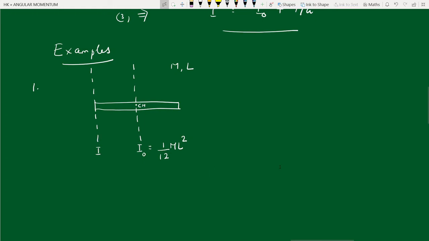How can we calculate that? What is the perpendicular distance between the two? Let us call it a, which is nothing but L by 2. So I is equal to I0 plus m a square, but this a is nothing but L by 2. So that is equal to, what is I0? 1 by 12 ml square, and this term will be 1 by 4 ml square.